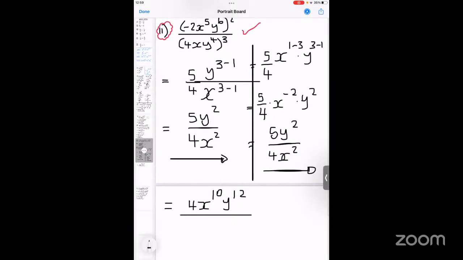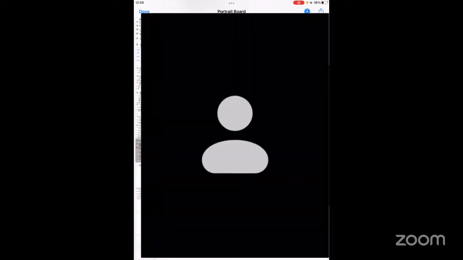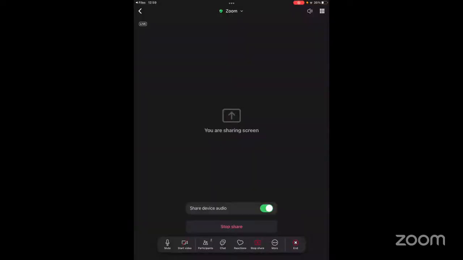And then I wrote 4x to the power of Go on. 4x y to the power of Okay, let me quickly do this. I'll be back just now, Manahil.